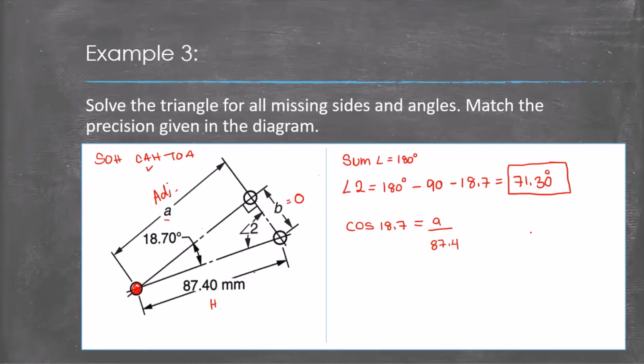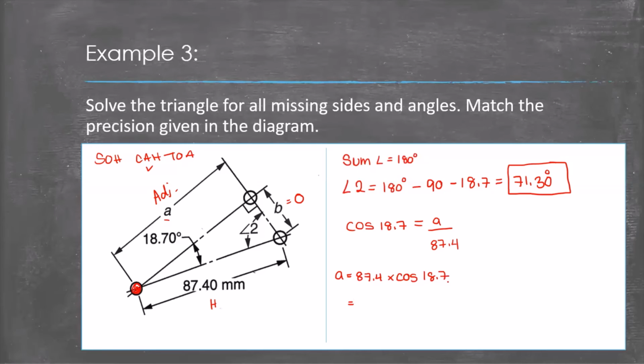Rearranging that, you multiply both sides by 87.4, and A is 87.4 times cosine of 18.7. See how you put that in your calculator. It's a good reminder.